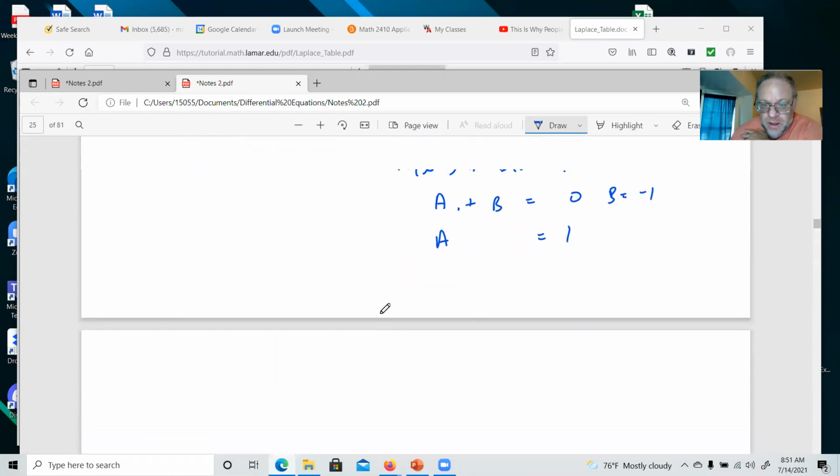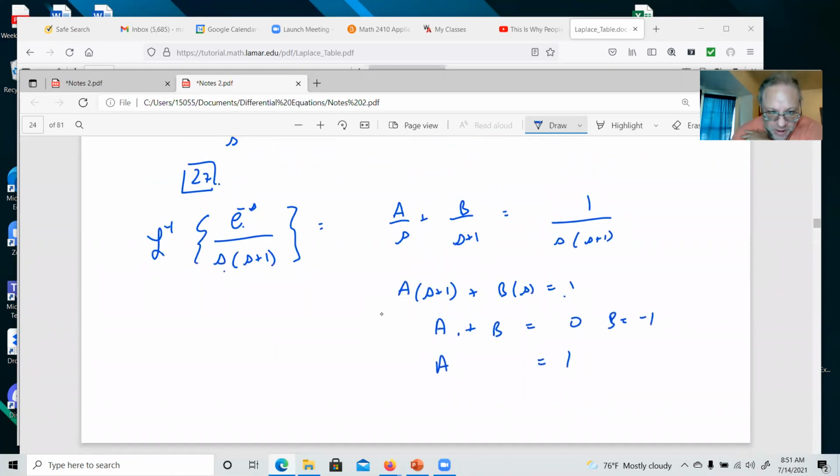So this is going to be inverse Laplace transform, e to the negative s, and what do we have? We have times 1 over s. That's a constant, isn't it? And then plus 1 over s plus 1.